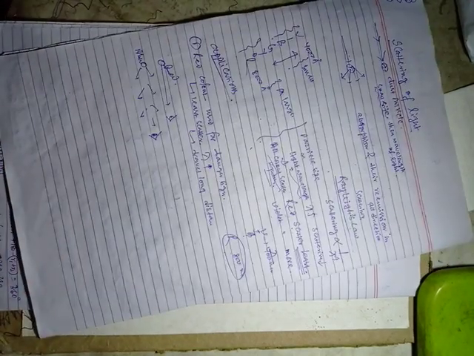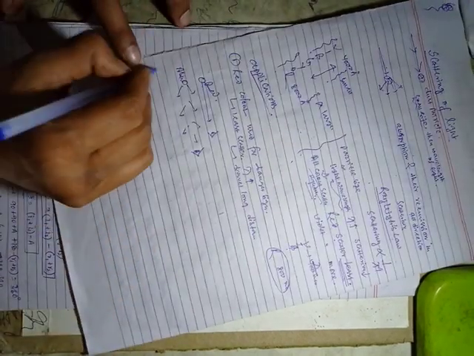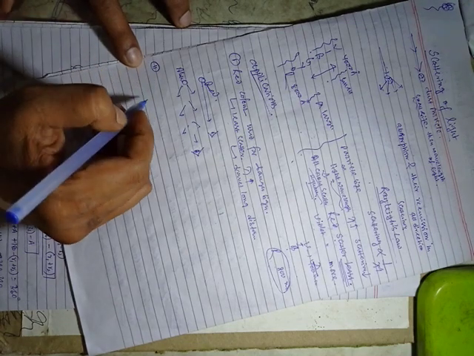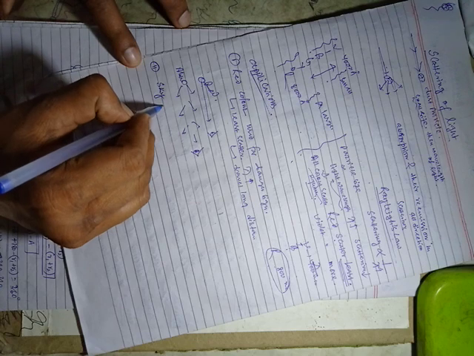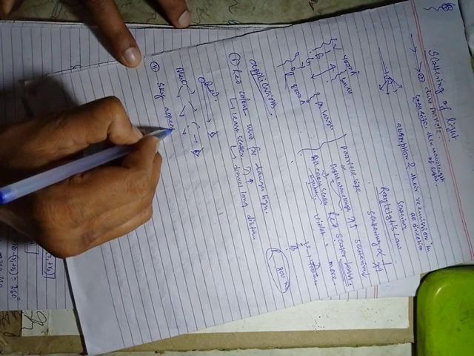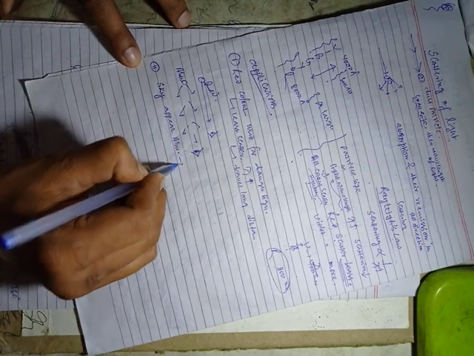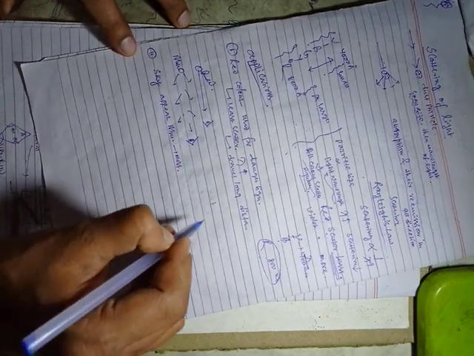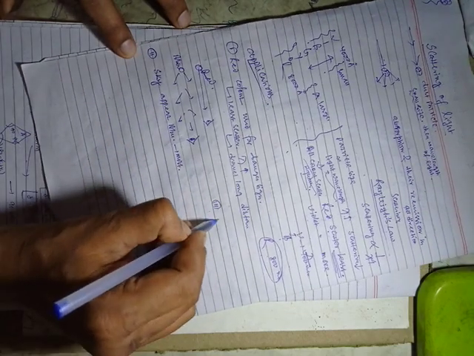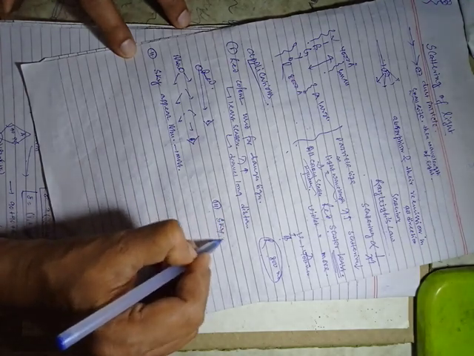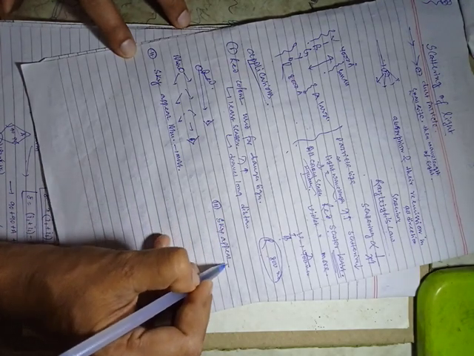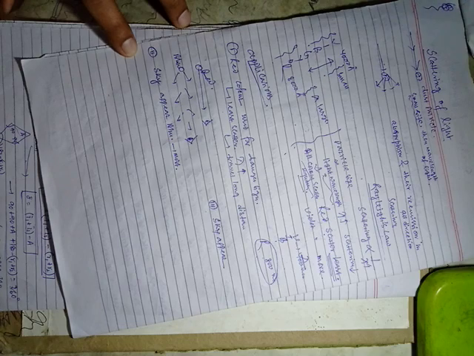Now three conditions are very important. First, the sky appears blue, most of the time. And another condition, sometimes the sky also appears red. That phenomenon we will also explain.